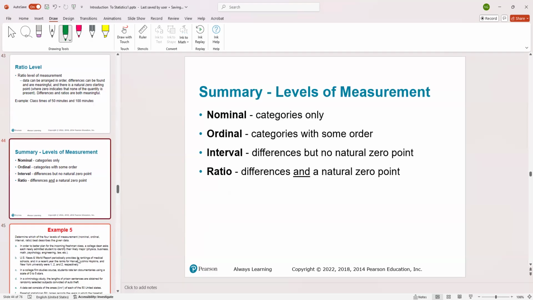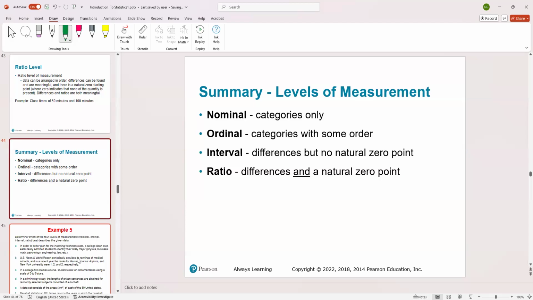As a summary for the levels of measurement: nominal is categories only, that means it's only qualitative data. Ordinal is categories with some order, it must be ranked: the top 10 movies, top 10 music, top 10 universities in the US. When you say top 10, that means the first one is really the first one.